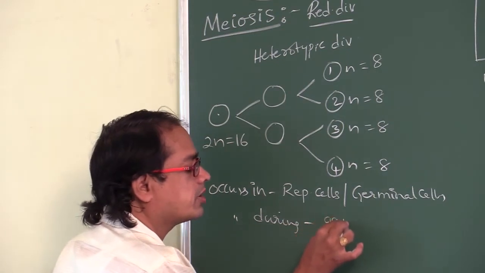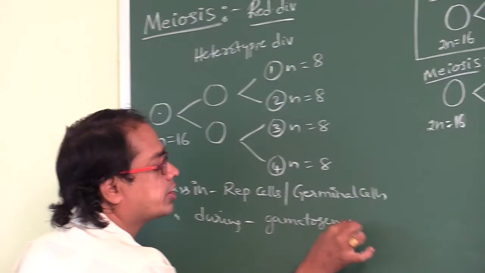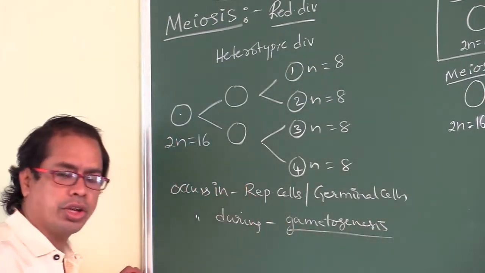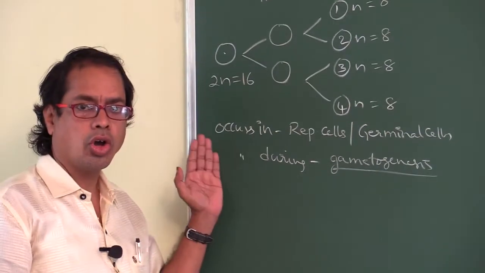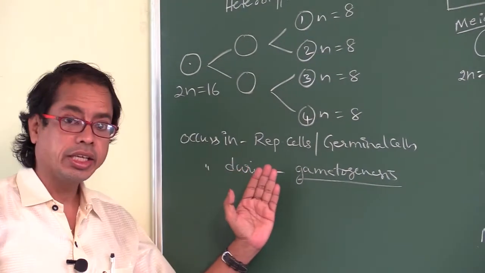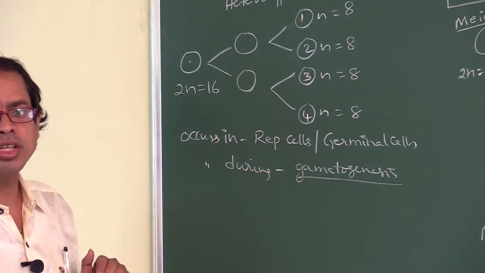When does this meiotic division occur? During gametogenesis. That is, during the formation of gametes, this meiotic division occurs.